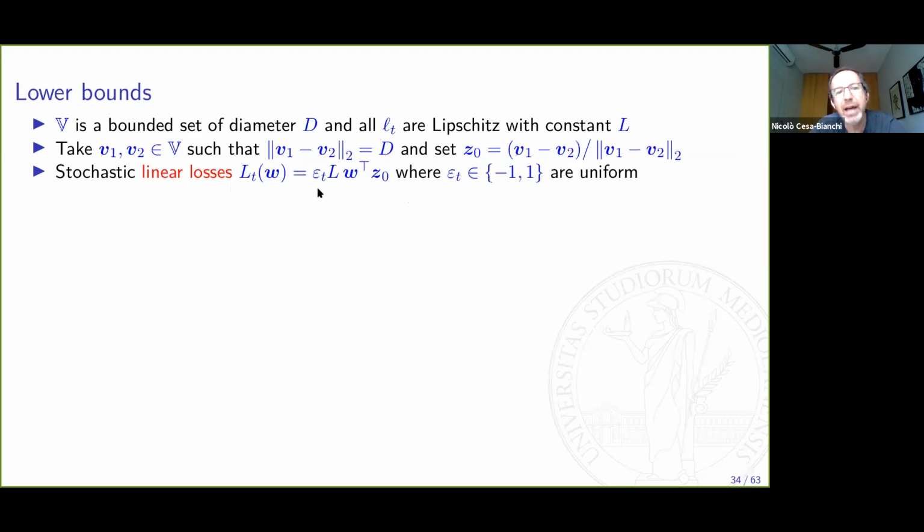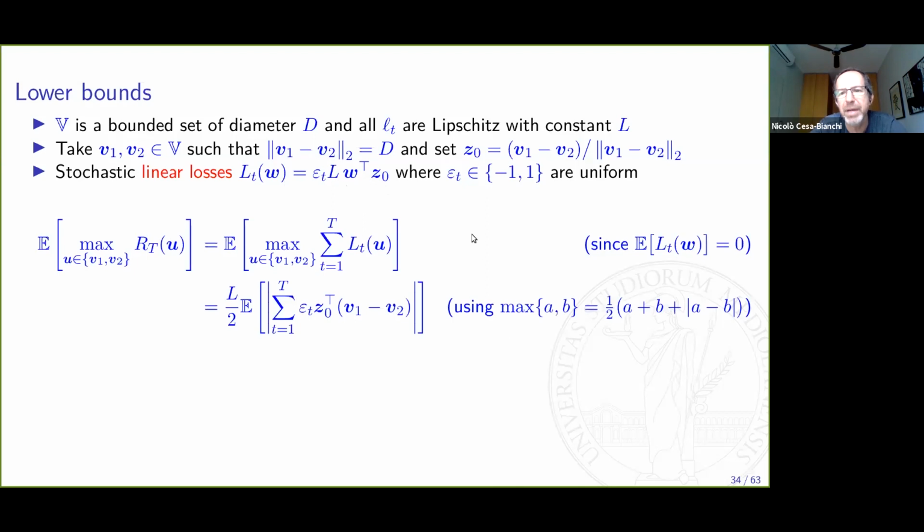And then I have just two linear losses that have this plus one or minus one switch. So you see, this loss is linear in my decision, which is a vector, but it's linear with a plus or minus coefficient, and that's the missing bit for the algorithm.